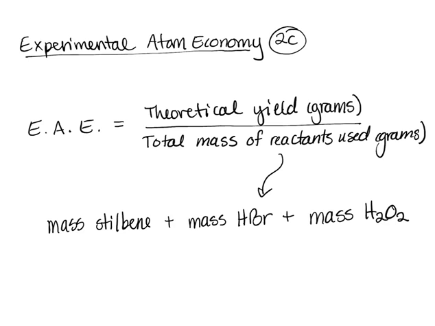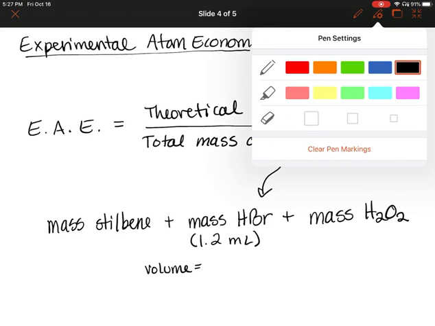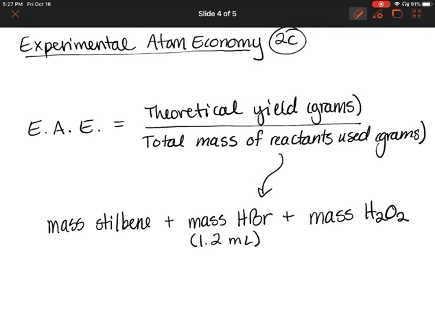Then the mass of HBr, we said that we used a volume, so it should be around 1.2 milliliters of HBr. And again, we can convert the volume to mass by multiplying it by the density.